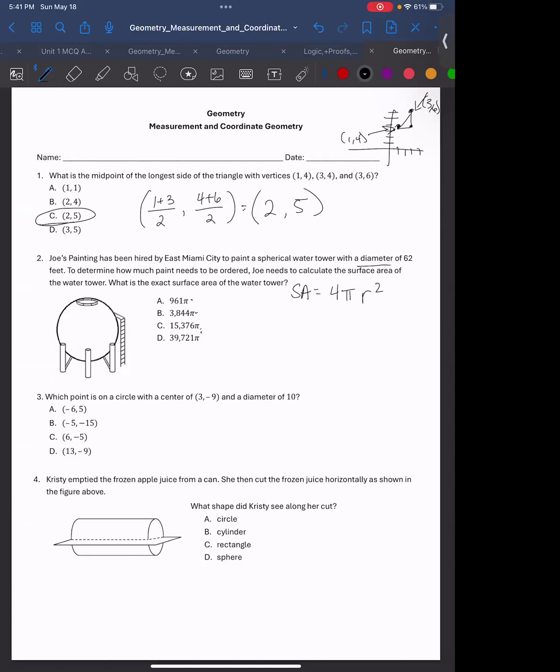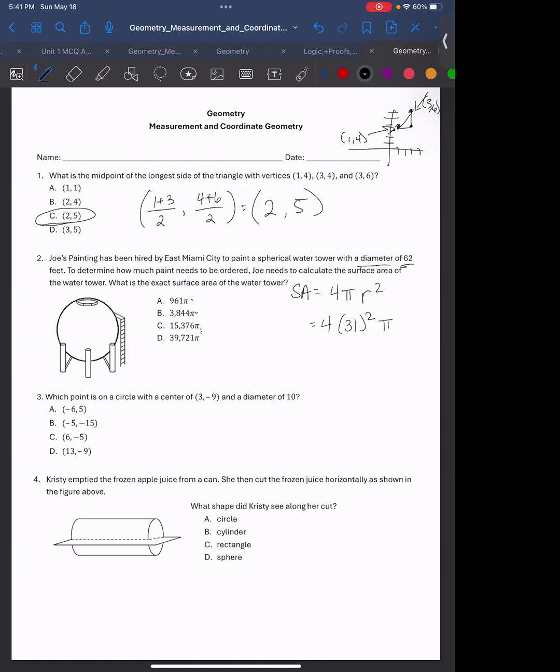So what's half of 62? 31. So then 31 squared is what? This is obviously a calculator question.